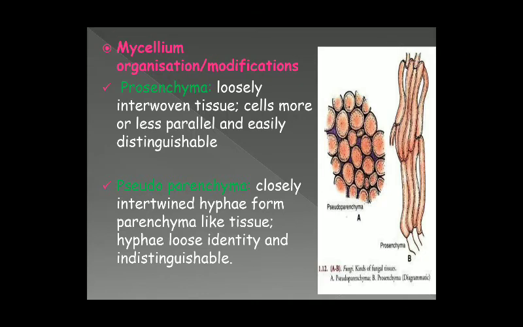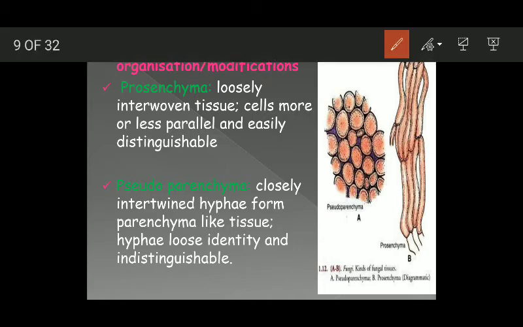The mycelium in case of fungi is known to have different types of organizations, or they are variously modified. The first modification that we are going to talk about is parenchyma. Parenchyma consists of loosely interwoven hyphae. Here you can see the loosely interwoven hyphae. The individual cells are individual hyphae. In this system, they are more or less parallel to each other.